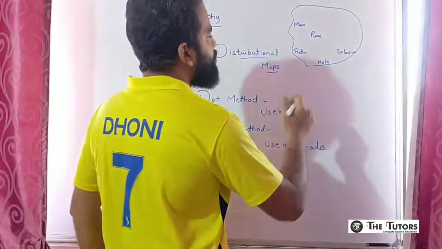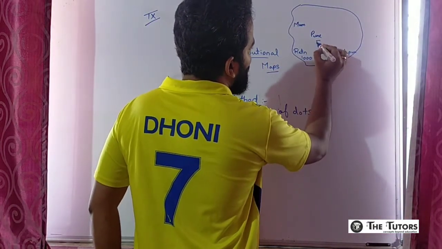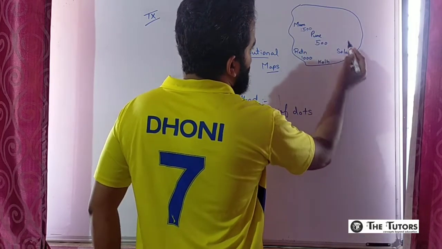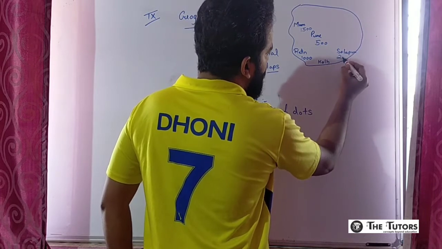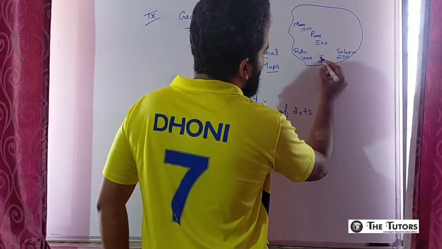These are the prominent places of Maharashtra. Say in Ratnagiri we have 1,000 people living, in Pune 500, in Mumbai 1,500, in Solapur 250, and in Kolhapur 750.